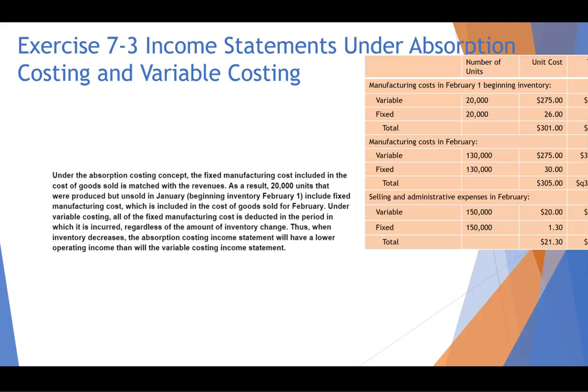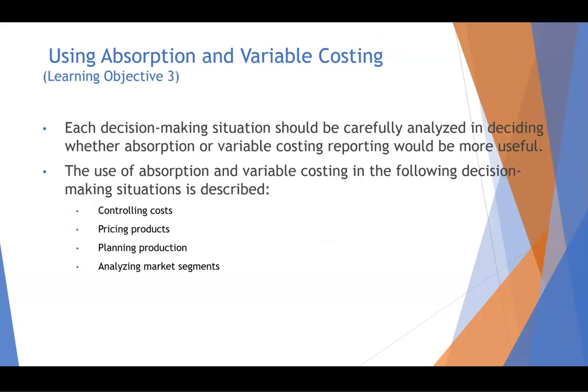But in variable costing, all of the fixed manufacturing cost is deducted in the period in which it is incurred, no matter how the amount of inventory changes. So when inventory decreases, the absorption costing income statement will have lower operating income than the variable costing statement will.